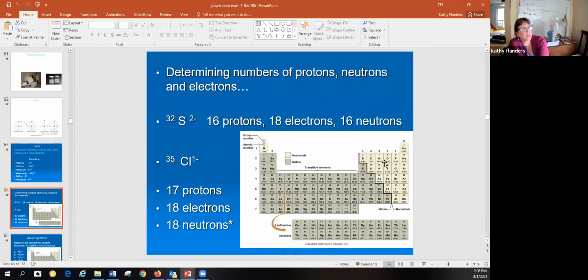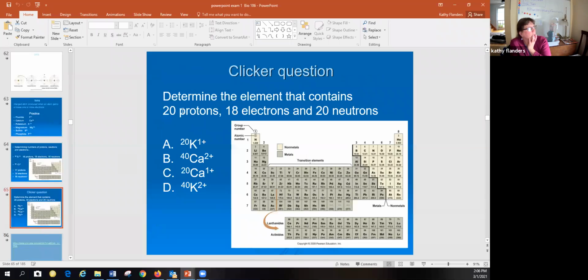Because it's number 16 down here, I know it has 16 protons. I know it started out as 16 electrons, but I also can see that it's gained 2. So I have 18 electrons. And then 32 minus 16 is going to give me my number of neutrons. So I have 16. So I could figure all of those out if I was given a periodic table, or I'd need to give you the periodic table plus these as well, right?